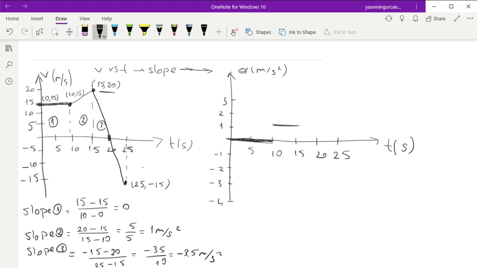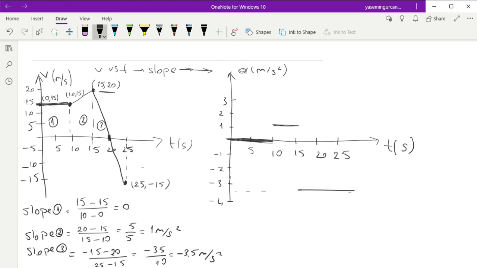This is going to be 3.5, which is around here. So I'm going to be putting a line right here, from 15 to 25, your acceleration is going to be something like that. So this is the acceleration versus time graph that you can draw by looking at the velocity versus time graph, okay?